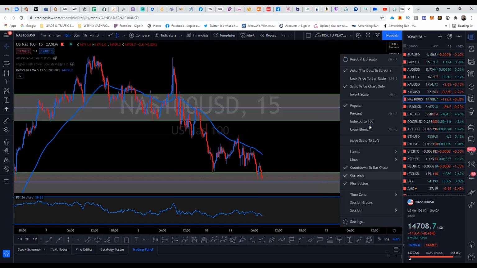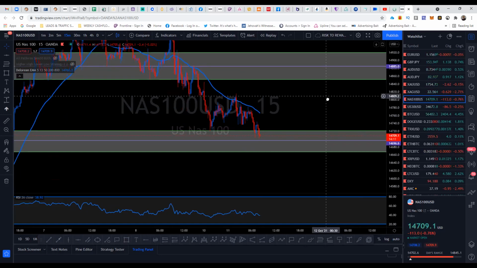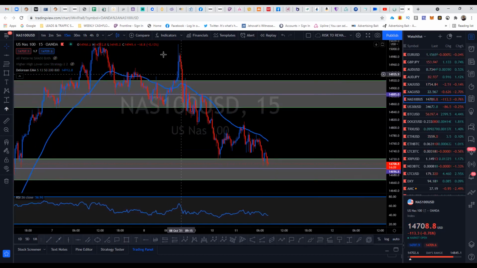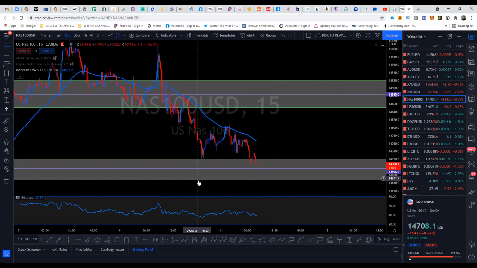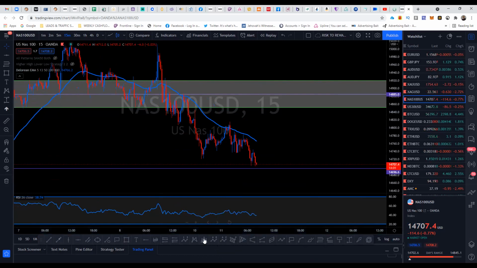So we can kind of see that price is in a downtrend. We can clearly see that. But price is resting up on this zone. I want to embrace this zone and make this zone a lot thinner.